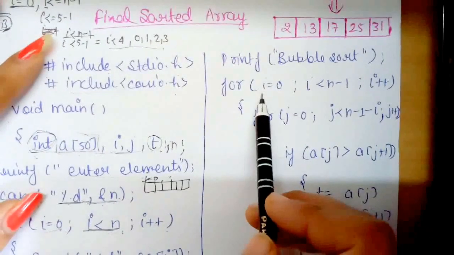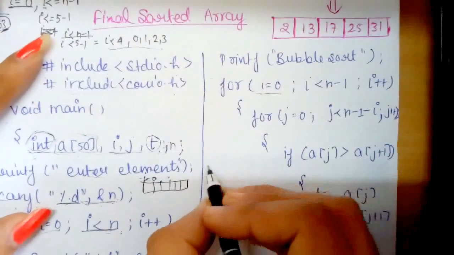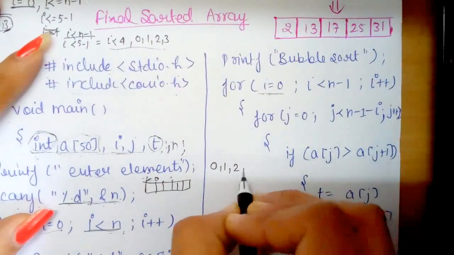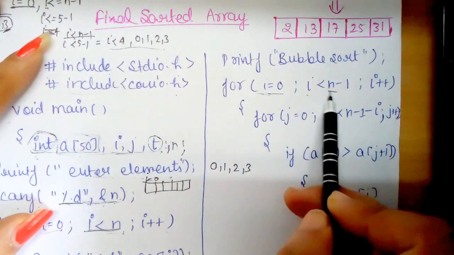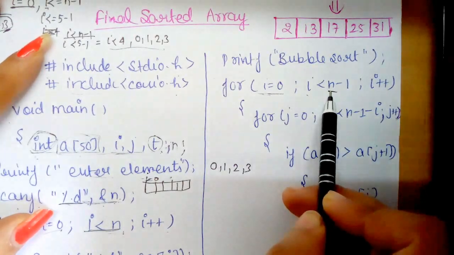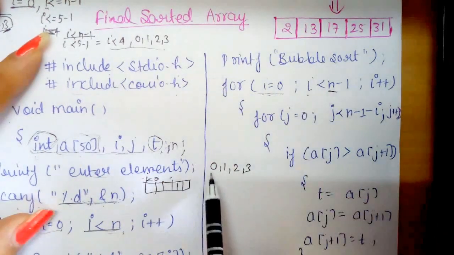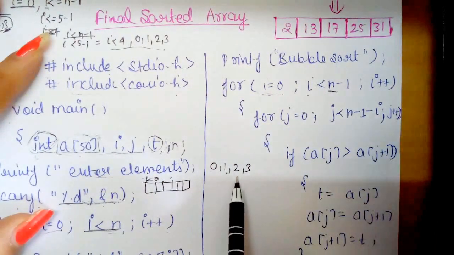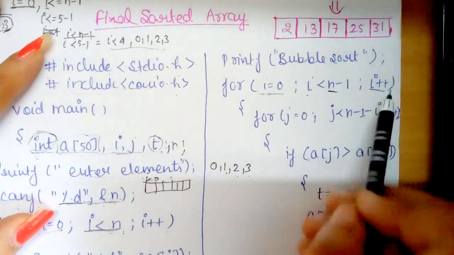So passes I am starting from 0, and my passes go till 0, 1, 2 and 3 only. If n is equal to 5 here, 5 minus 1 is 4, and less than 4 means it will execute for 0, for 1, then 2 and then for 3. Then I will increment i.